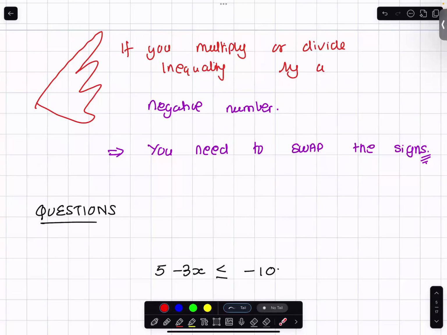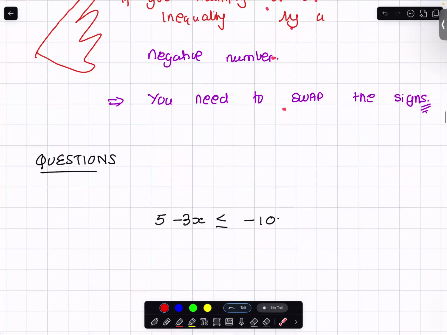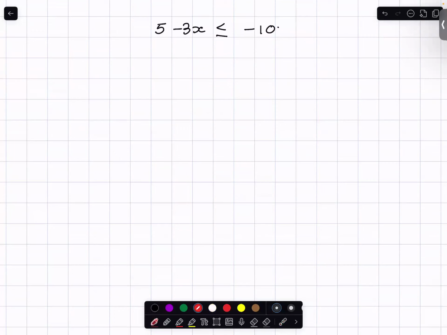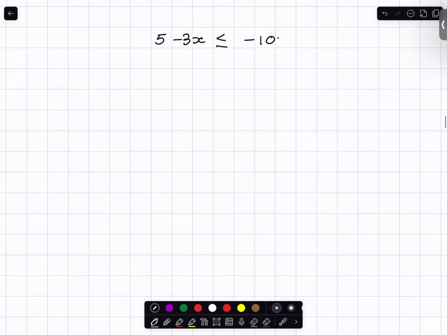Before going ahead, you should know this, that if you multiply or divide an inequality by a negative number, you need to swap the signs. Try this question yourself. Try it, you will definitely get it. You have 5 minus 3x. So first thing what I will do is remove the 5.